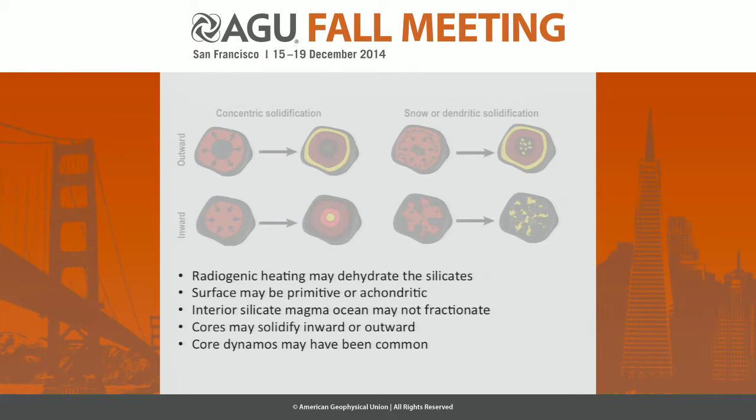Let's see, so then I want to just summarize here some of the many ways that planetesimals are not analogs to the terrestrial planets. Radiogenic heating may dehydrate the silicates before they ever melt. You might have a surface that is primitive and in fact either never melted because of radiogenic heat in the interior never being sufficient, or where primitive material was plated onto the surface after the interior processes were finished.